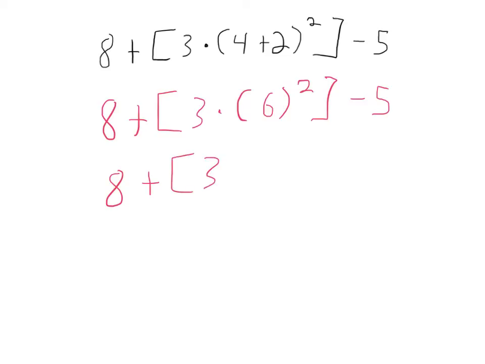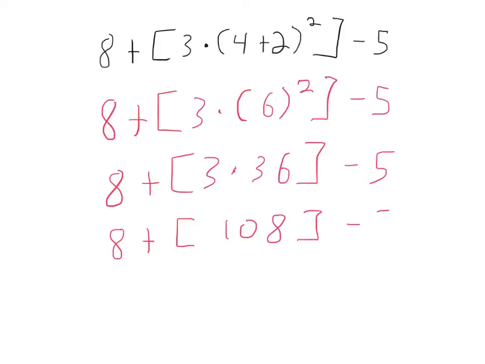I need to finish out those parentheses there, so I'm still times 36 minus 5. 8. Now I can go ahead and take 3 times 36. You're left with 108 minus 5. 108 plus 8 gives me 116 minus 5.